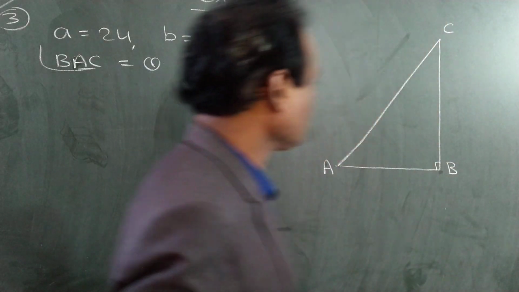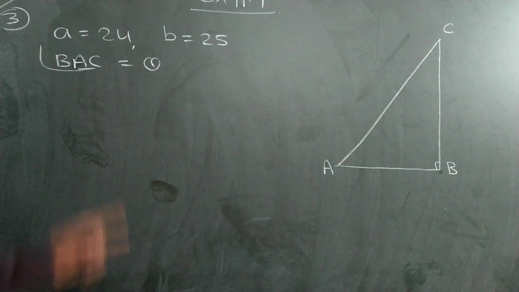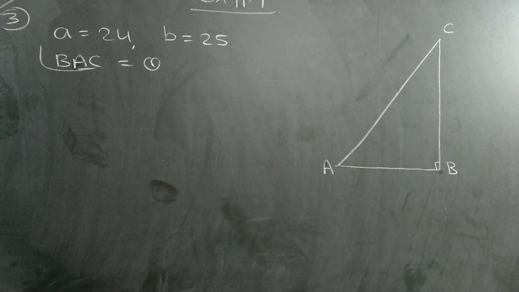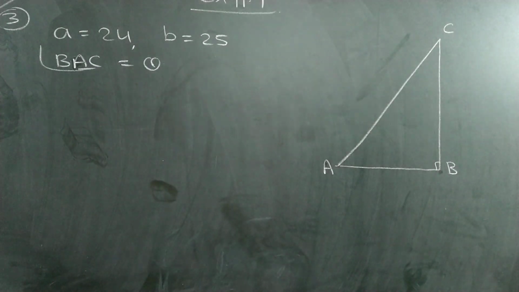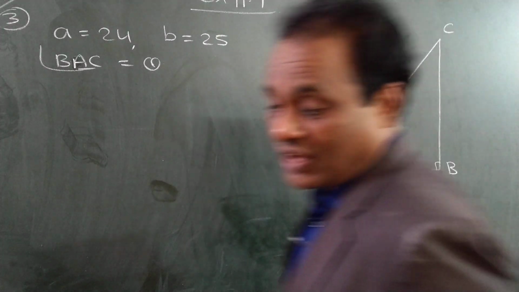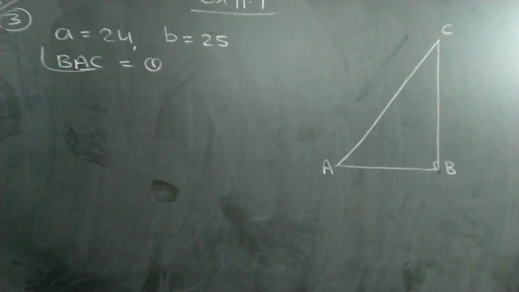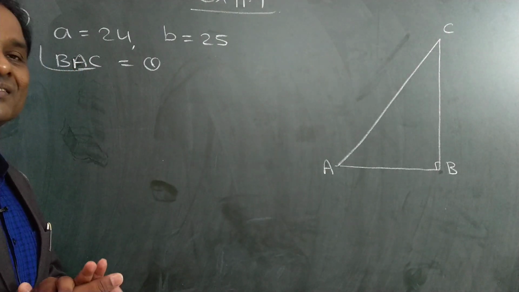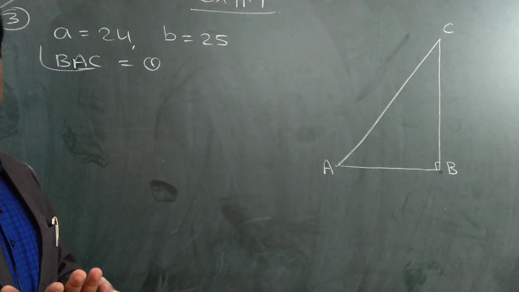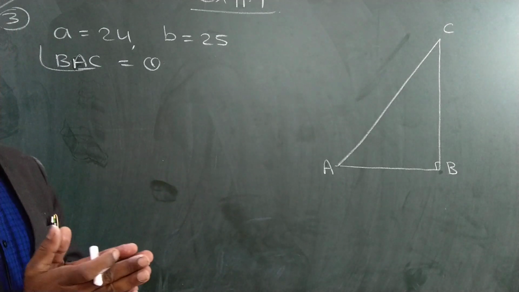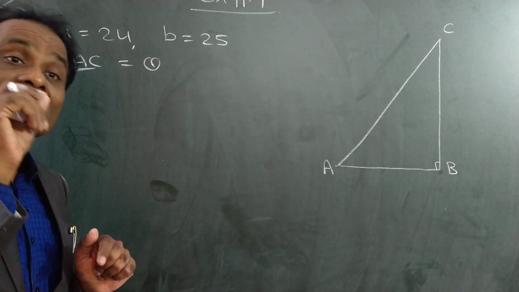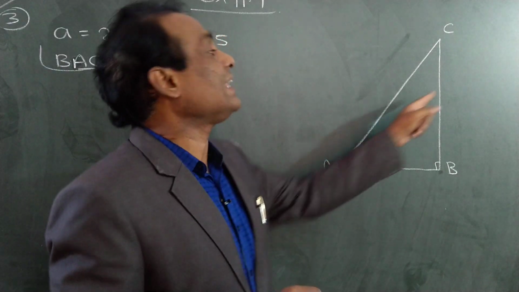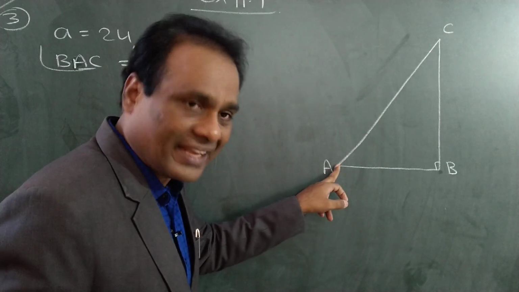See here. What is a? a equal to 24 means what is a? Students, all of you see. In lower classes you studied this, but once again I am reminding you. Small a means the side opposite to angle A. This is angle A, no?